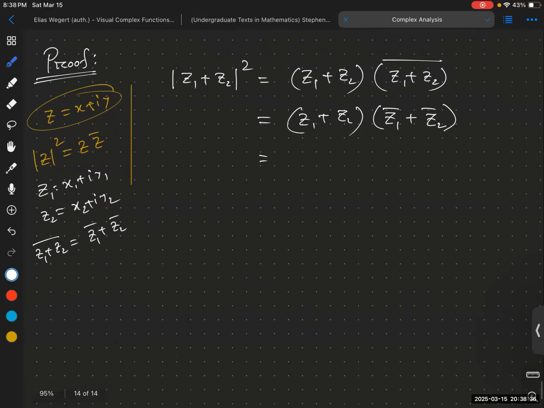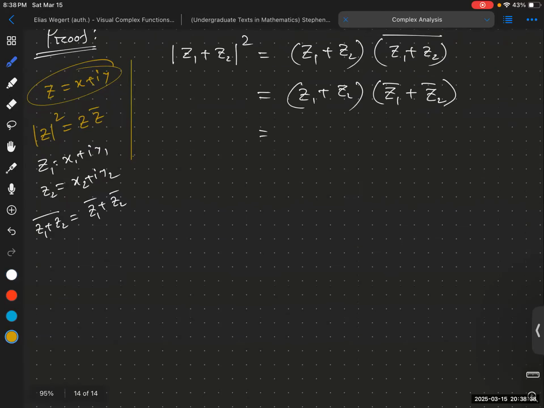After multiplying each of the terms, we will get Z1 Z1 bar plus Z2 Z2 bar plus Z1 Z2 bar plus Z1 bar Z2.